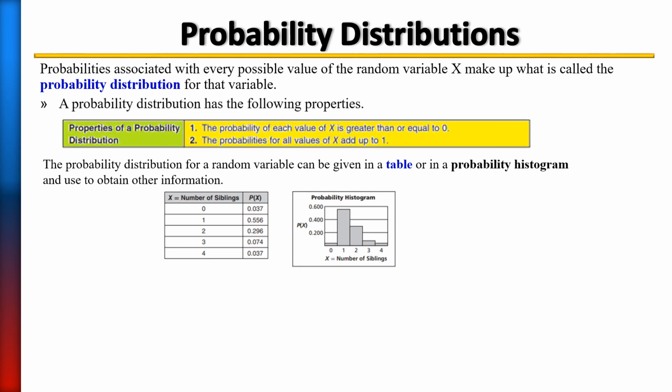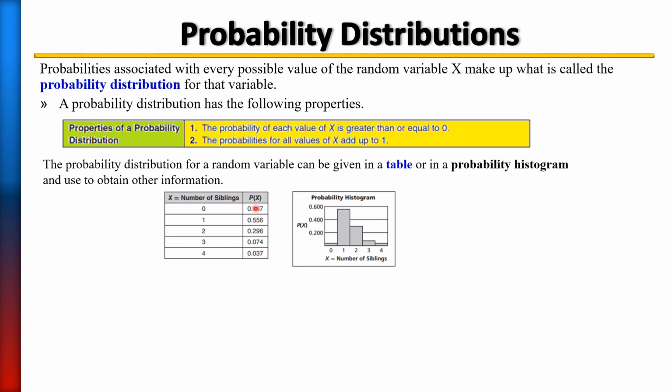Probability distributions have the following properties. 1, the probability of each value of x is greater than or equal to 0. 2, the probabilities for all values of x must add up to 1.